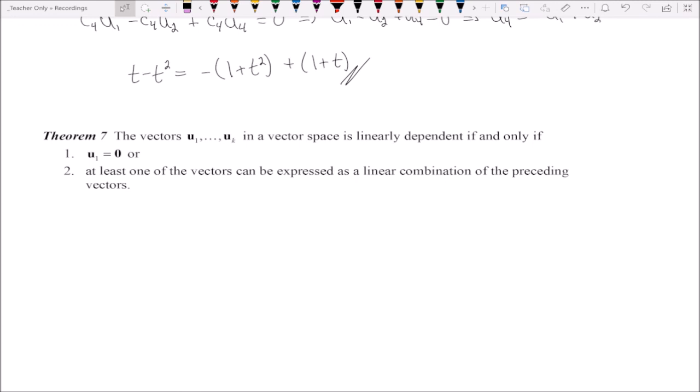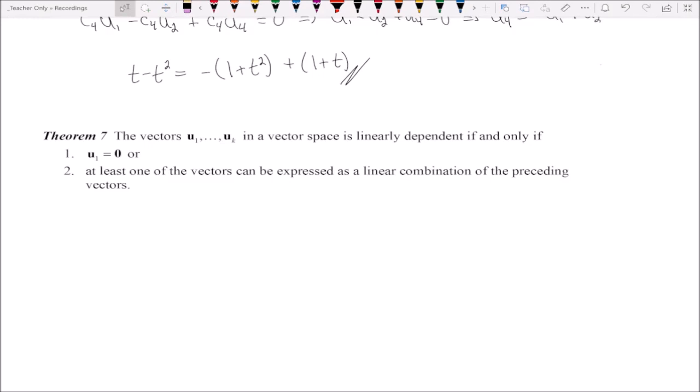Right now, in fact, one can be extended to if any of the vectors in the set is the additive identity, then it's linearly dependent. Right? And this is a natural extension to, what was it, theorem number 4.